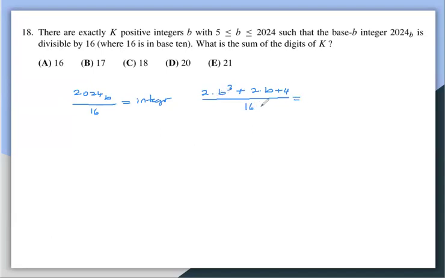Everything is divisible by 2, so let's simplify: (b cubed plus b plus 2) over 8 is the integer.